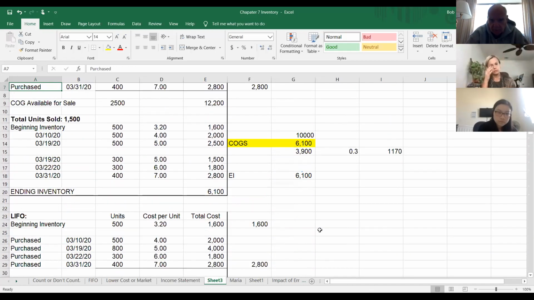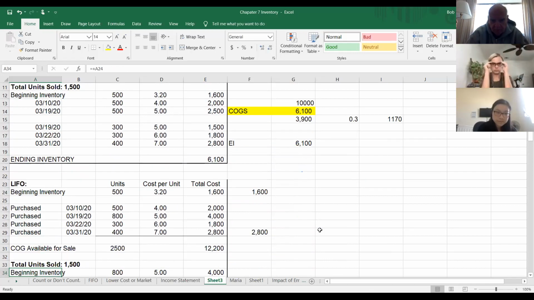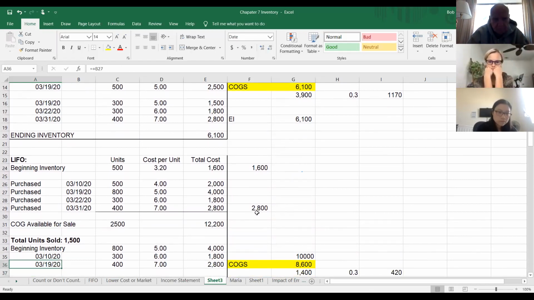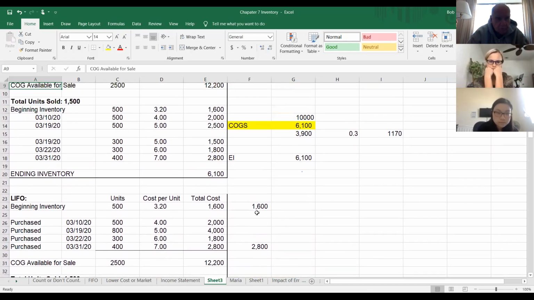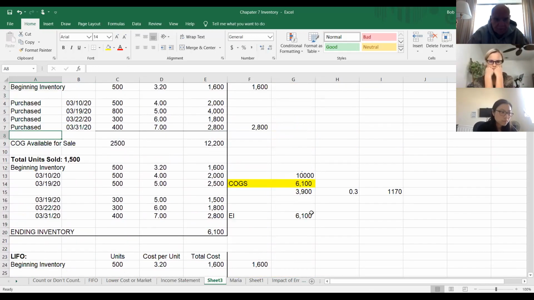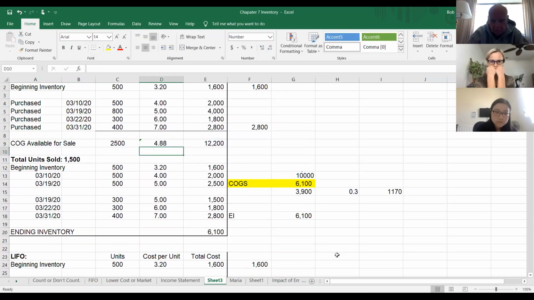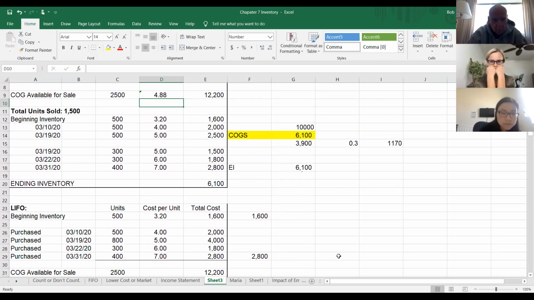We're talking 6,100, and then average costing would obviously be somewhere in the middle. In fact, we can do that one super quick. If you trust me, real quick. 12,200, right? Where did we say we get the average cost? This divided by this equals $4.88. We sold 1,500, right?